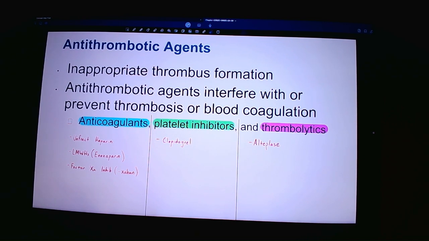So antithrombolytic agents, right? So there are generally three different categories, right? And I want people to understand that there is a big difference in terms of what an anticoagulant does and what an antiplatelet does, right? So I want you guys to picture in your head what it is, consider that in your mind, and then we'll see how it goes from there, right?